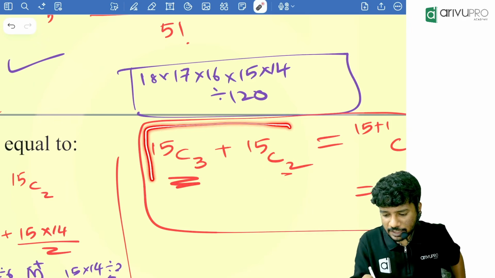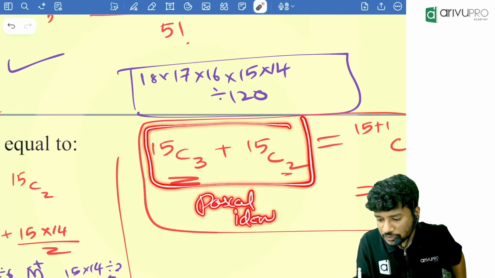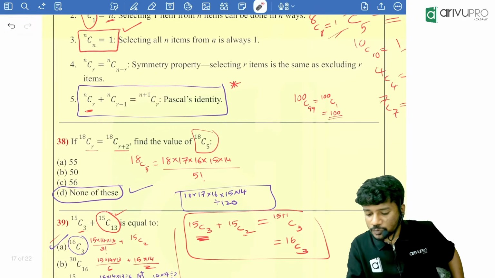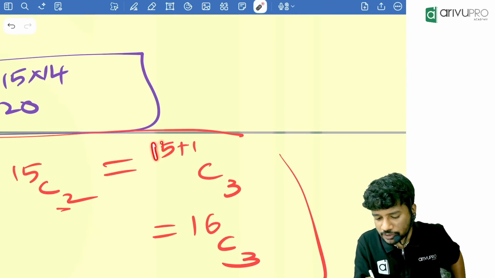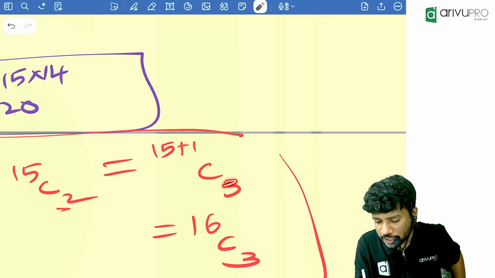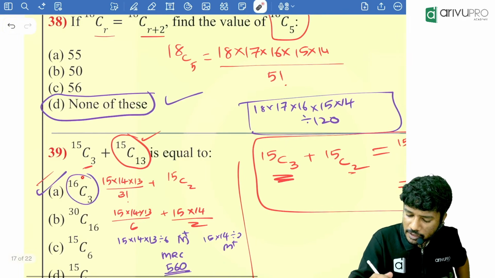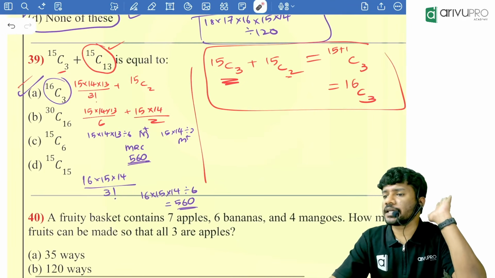So we can say that this follows Pascal's identity. Then it is equal to (n+1)Cr, where n is 15, so 15 plus 1, and r is 3. That is 16C3, which is your answer. Option A is your answer. That's how you directly write it using Pascal's identity.